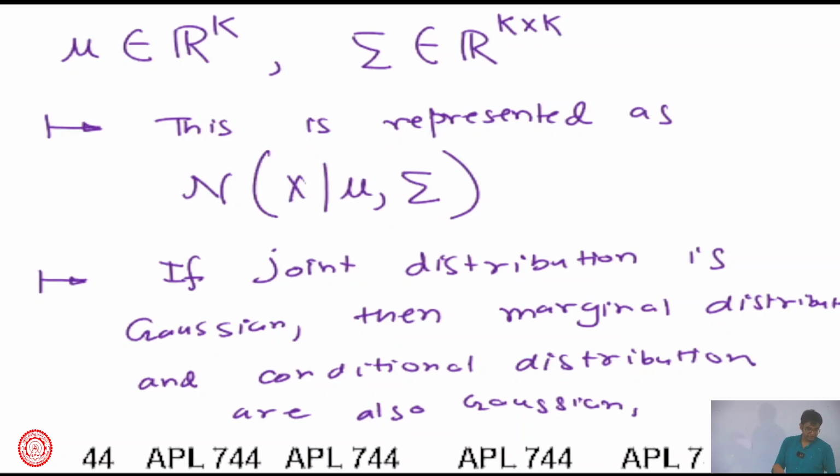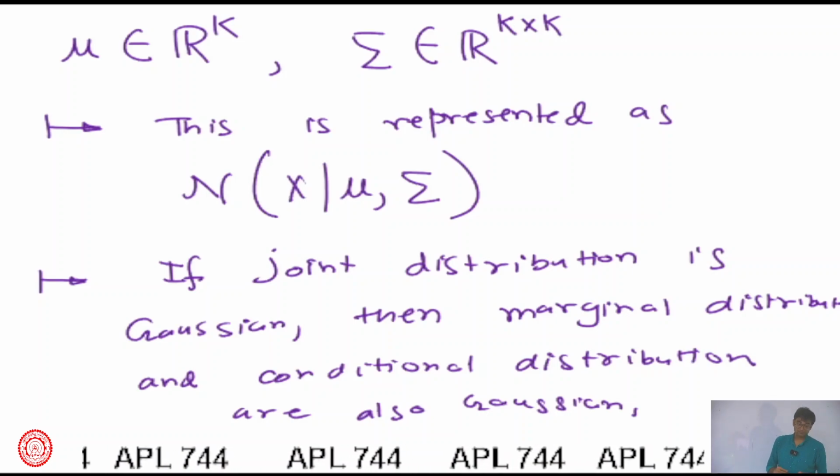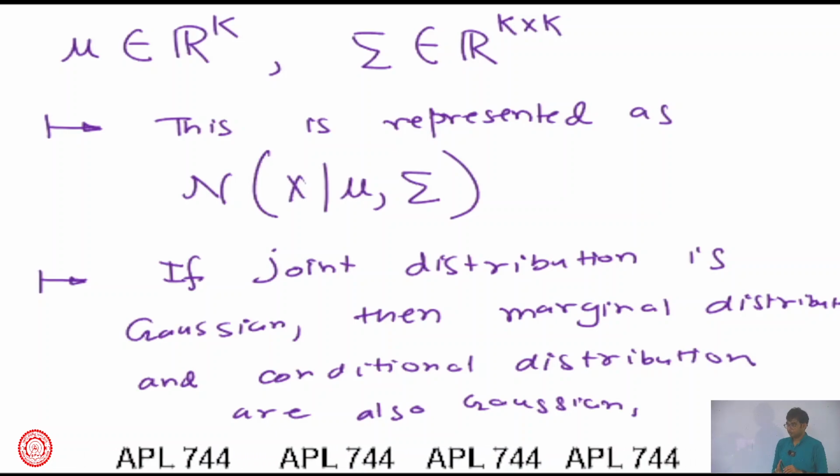So, yeah, if the joint distribution is Gaussian, then the marginal distribution and conditional distributions are also Gaussian. So, how do you write it?